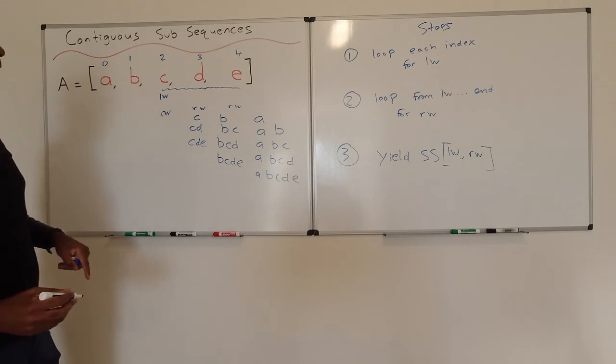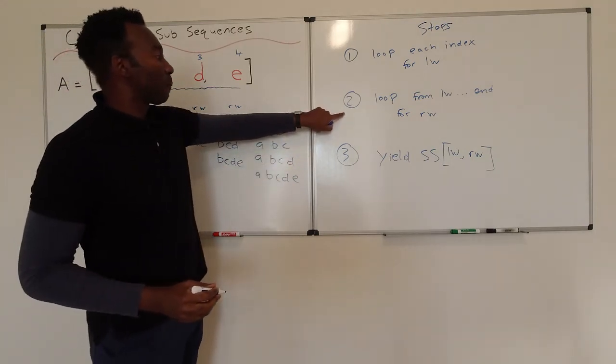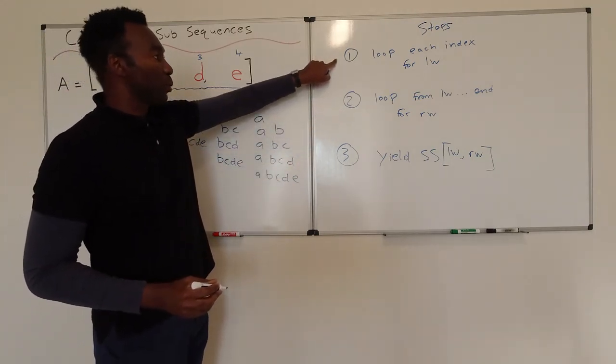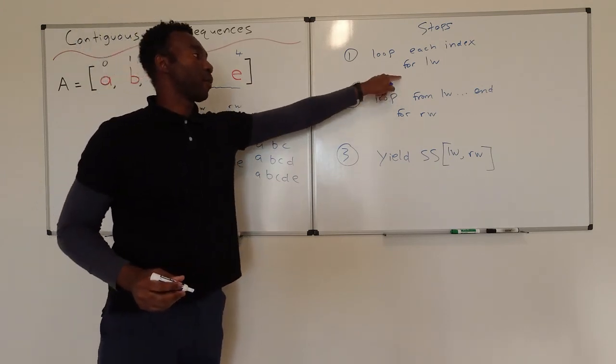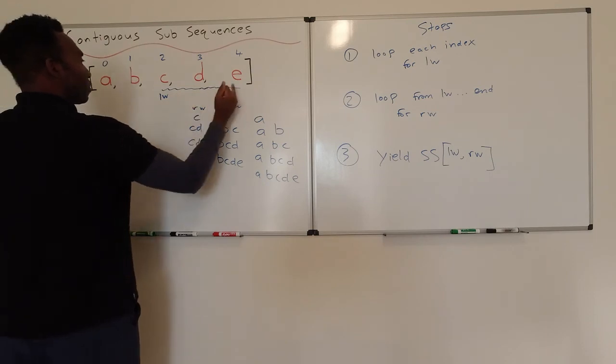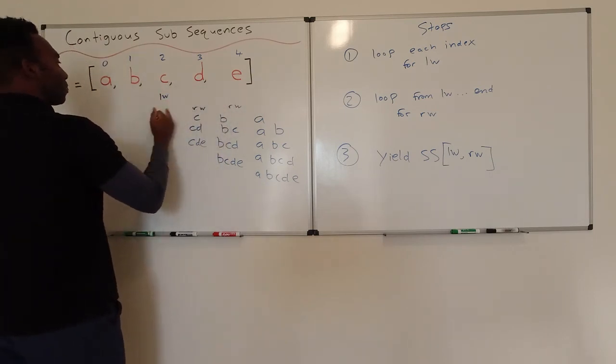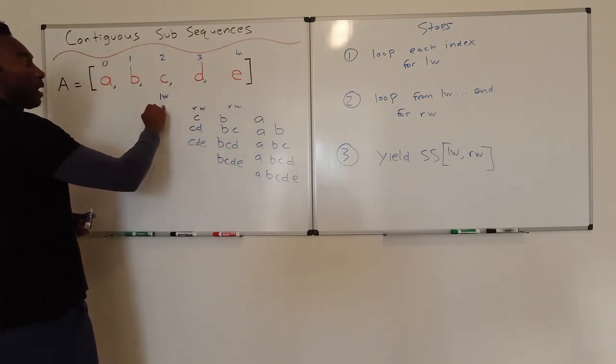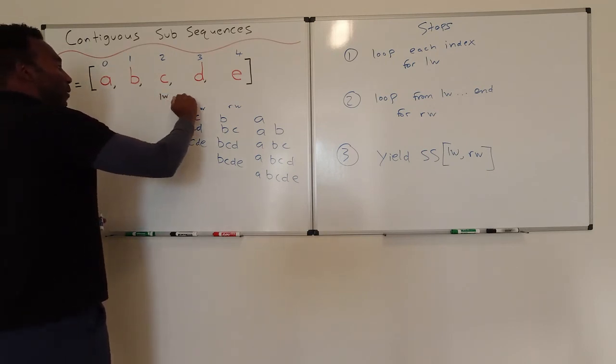Perfect. Once we've completed that, we will then return to the outer loop, and then we're going to increment the left wall. So the left wall is here. After incrementing, it will end up right here.